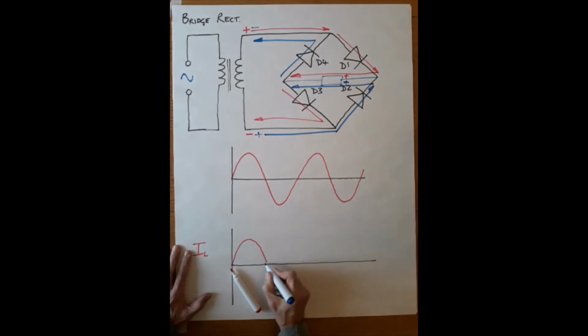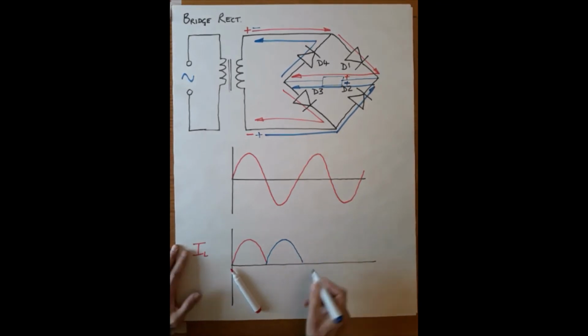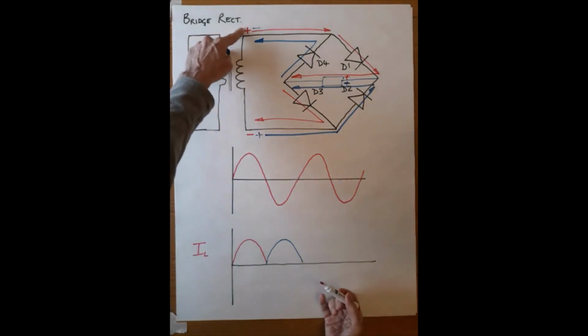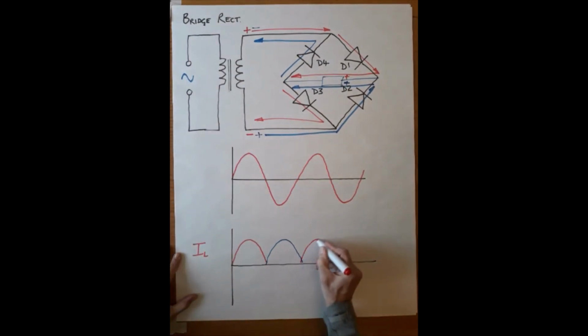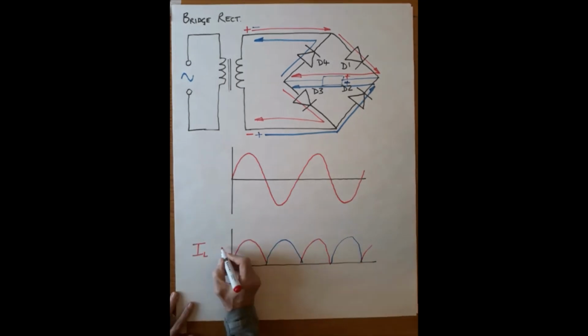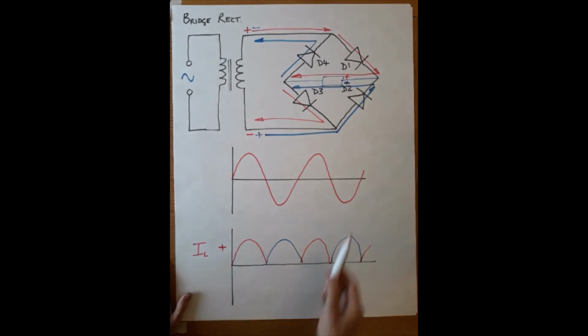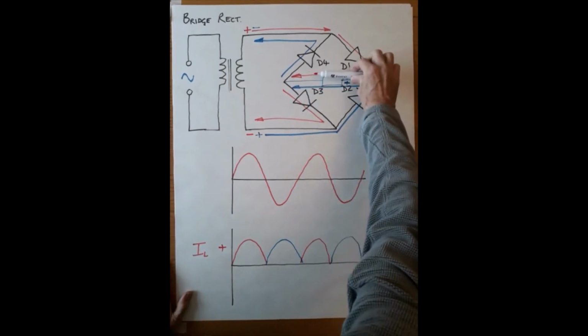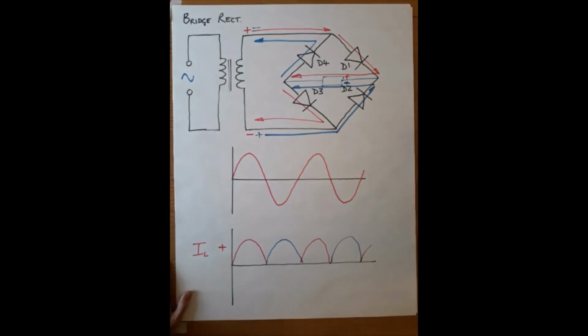So on the next half cycle, the current will do this. The next half cycle reverts back to the red one here, the first half cycle, and we'll get that, and on it goes. So this is all positive. We are now sending DC, direct current, through the load. It is all in one direction, which is what we're trying to achieve. The reality is this is very lumpy, very uneven. We say it has ripple, and that's not very useful for a lot of circuits. So in the next video, I'll look at how to remedy that.